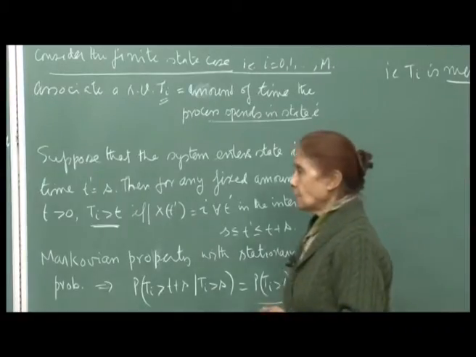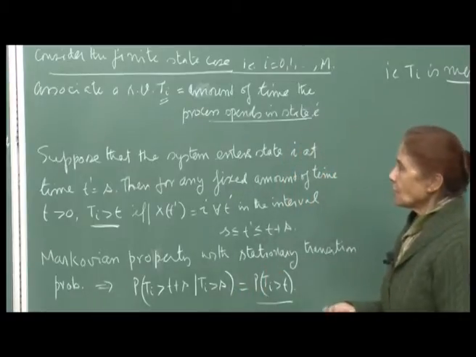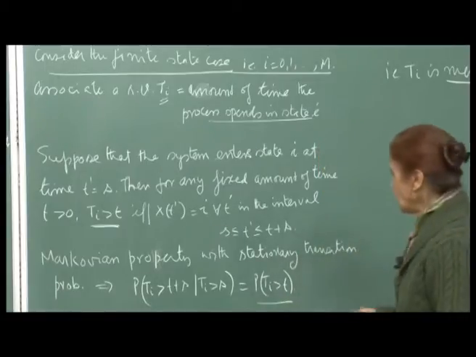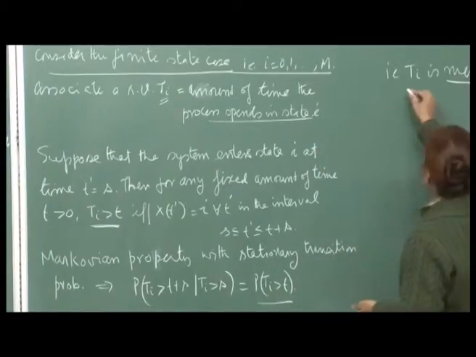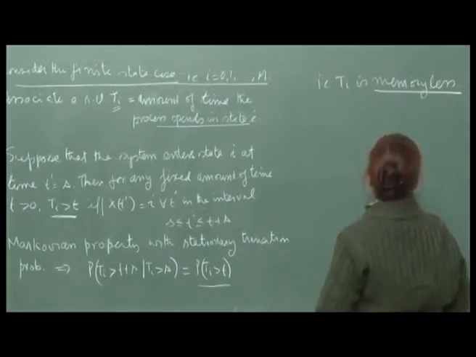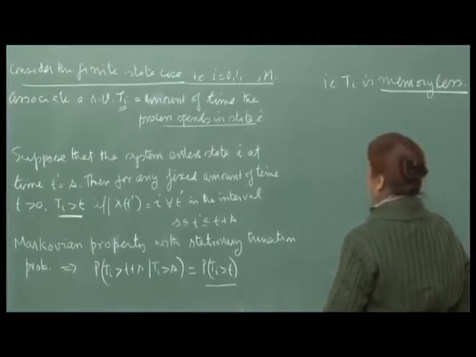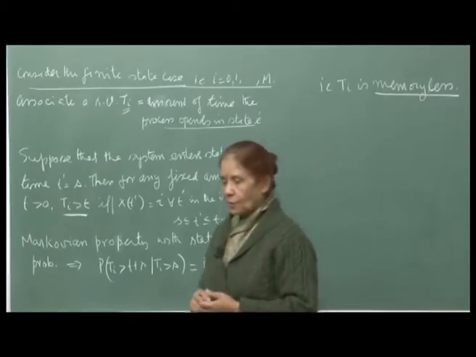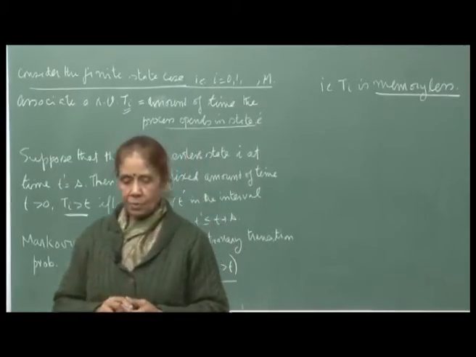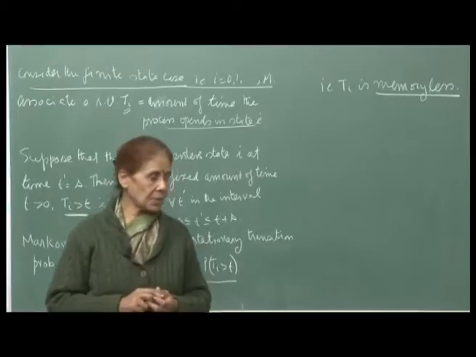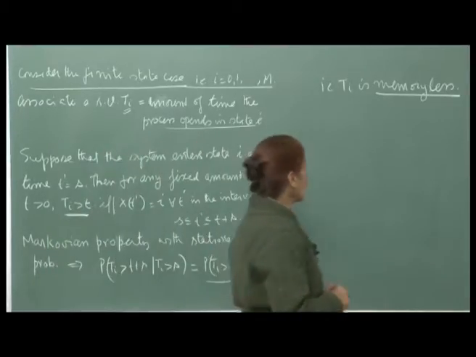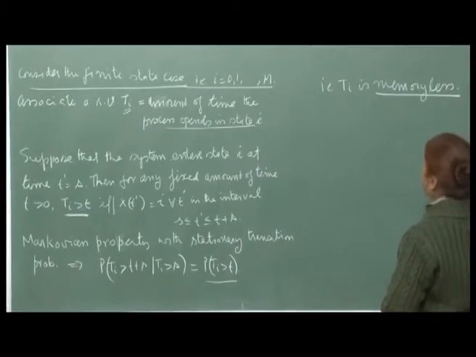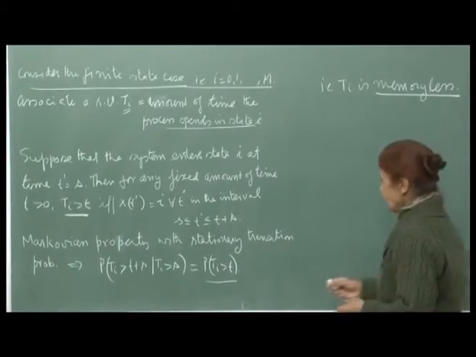So, when you take the continuous process and you impose the Markovian property, it actually translates to saying that this random variable T_I is memoryless. Okay. And you remember, of course, we did not prove this part when we talked of the negative exponential distribution. We said that any random variable which has a negative exponential distribution is memoryless.